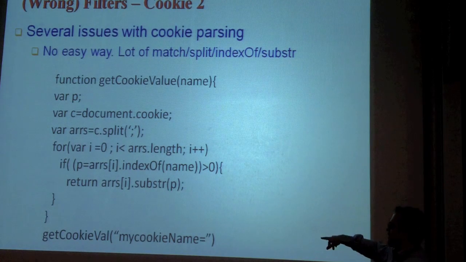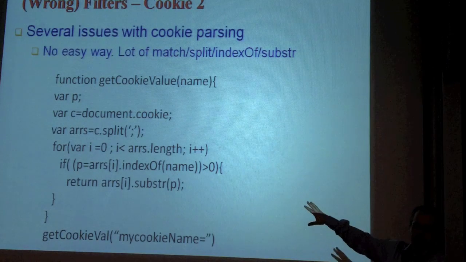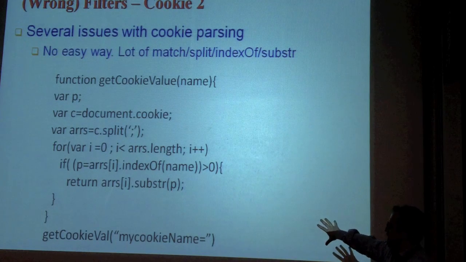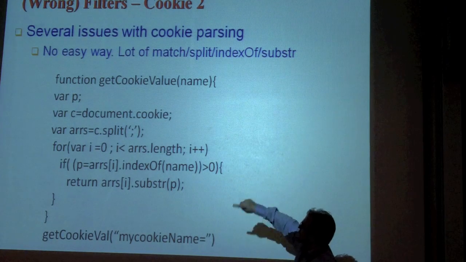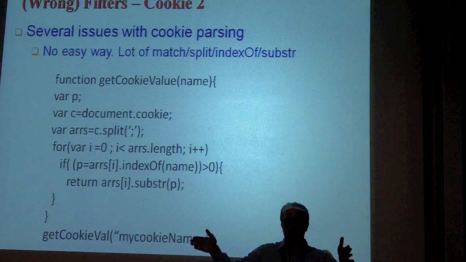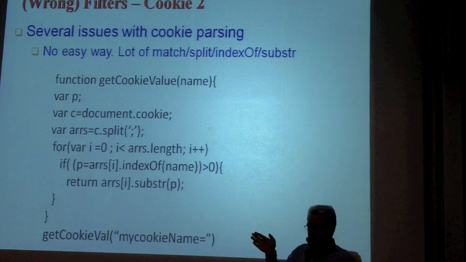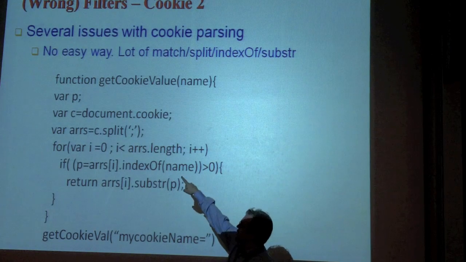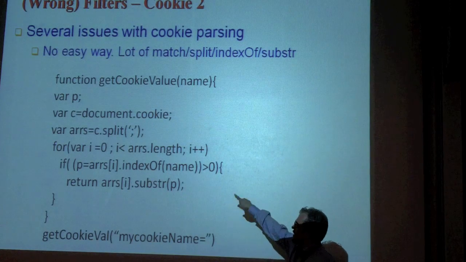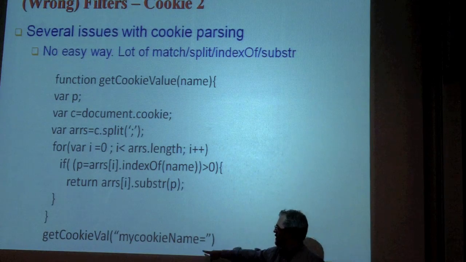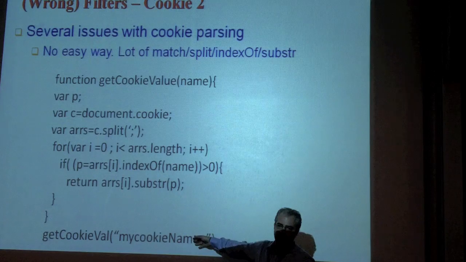This is interesting because this can be used to exploit several things. What does this one do? It tries to parse and find the cookies, no? Find the cookie value, get the cookie name and get the cookie value. It splits with semicolons, and then tries to find the name of the cookie.